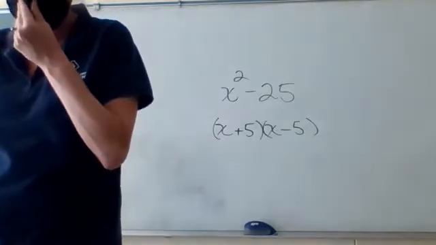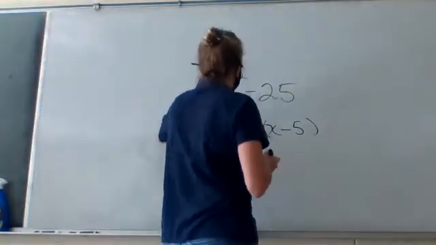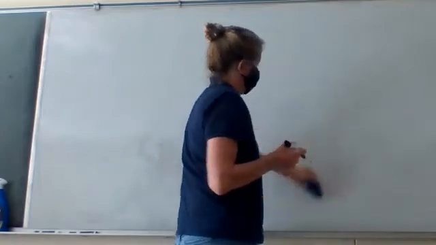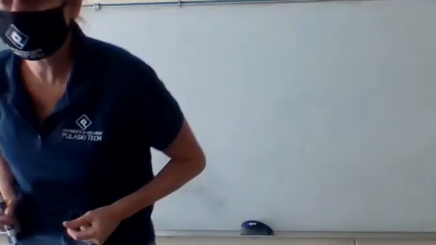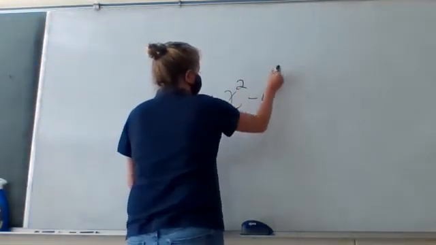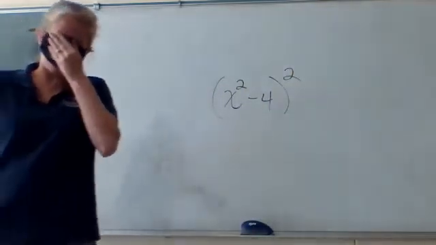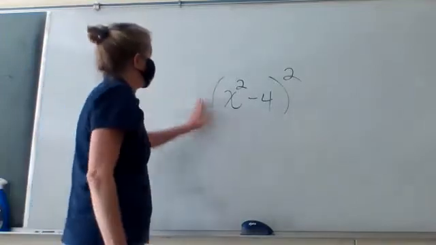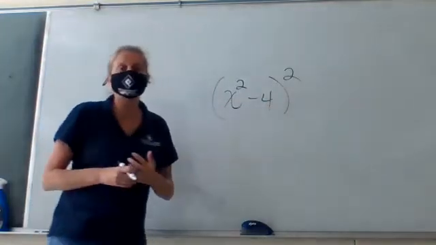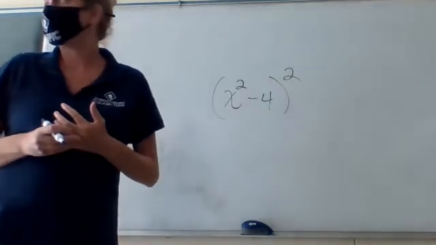Now, let's look at number 6. X squared minus 4 squared. So you can't find your zeros until what is inside each of your parentheses is in its complete factored form.